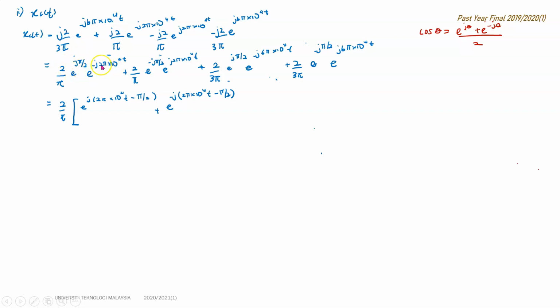So this is not correct. The one you should regard as omega is the one with t at the back. So this should be omega. Because remember it's actually exponent j omega t, right? So minus pi over 2. So the one with no t here is actually the phase.